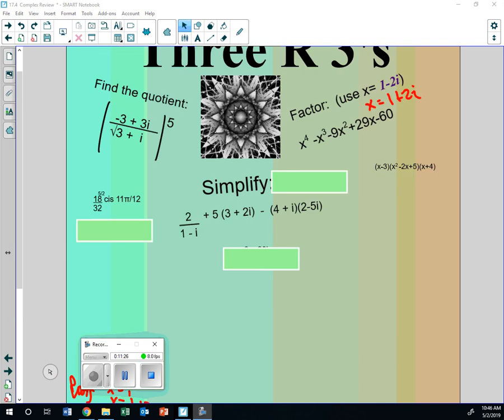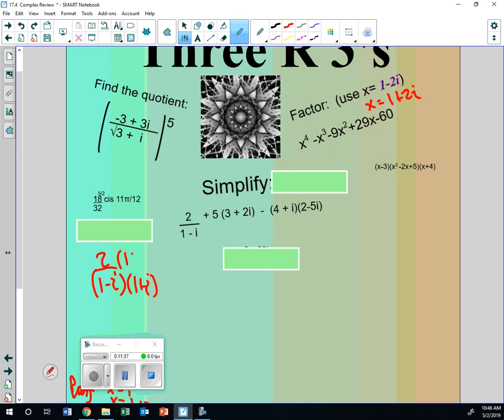So for this last one, you have 2 over 1 minus i. Well, you're going to want to multiply by the conjugate for that one, aren't you? And then this one, you're going to want to multiply. 5 times 3 is 15. 5 times 2 is 10i.